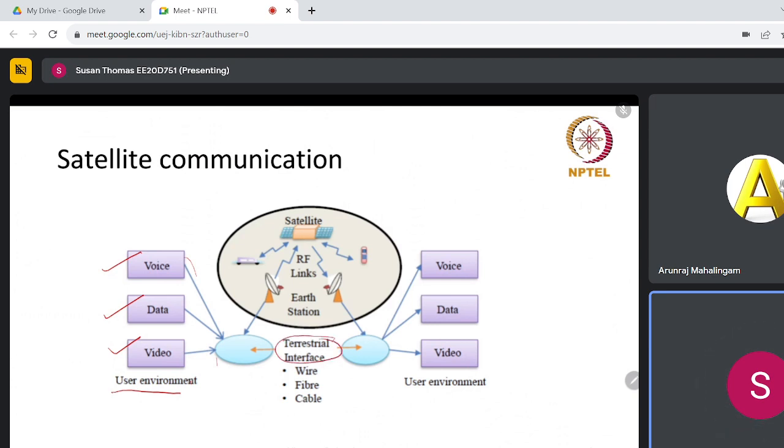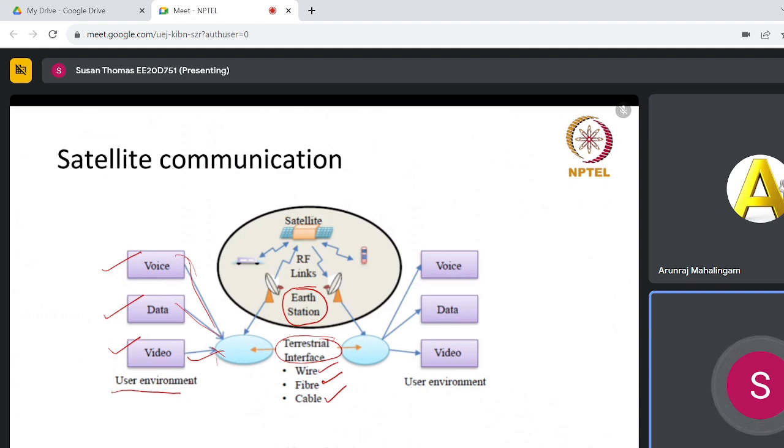Within the terrestrial area, you can have a wired connection, a fiber connection, or a cable connection, whatever may be the guiding medium. We can have multiple signals being collected, and then there is the earth station, basically the ground station which will connect to the satellite.